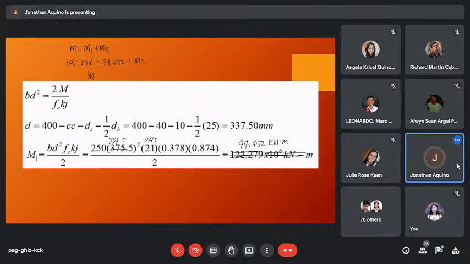So M2 is equal to 145.578 minus 44.452, which is 101.126 kilonewton meter. So yung moment na yan, M2, is yung fictitious beam natin.